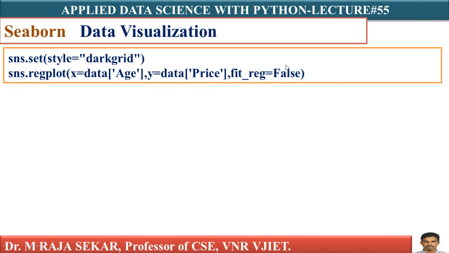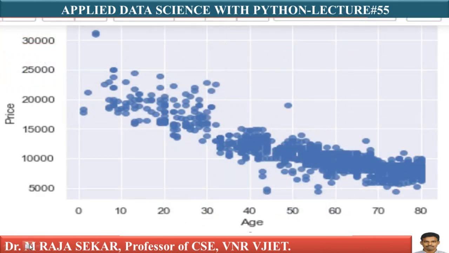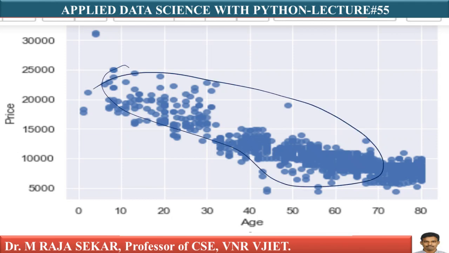If you don't want the regression line, just add one more argument, fit_reg equal to False. This is the output. Let me show this output on the big screen. Now you can see it in a cleaner and clearer manner. Here you don't have any regression line. In the previous output we had a regression line. Now you don't have any.